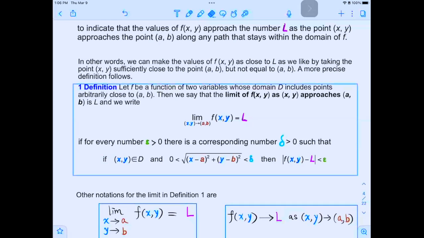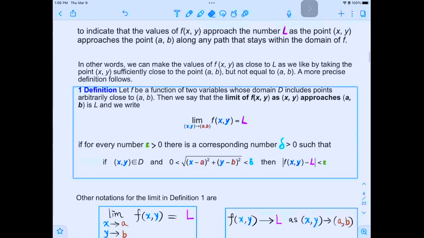Now here is, do you guys remember the epsilon-delta definition for limit? It was a little bit more rigorous at that time, and some instructors actually skip the epsilon-delta definition for limit, just to try not to scare you guys.